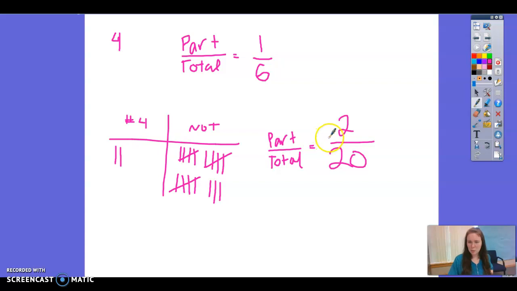Let's go ahead and change these both into percents to find out what percent of the time we thought we should have gotten it compared to what percent of the time we actually got it. I'm just going to use my calculator on my phone. If you have a regular calculator, that's great, or a phone calculator or Google, those work great too. I just do top divided by bottom. So 1 divided by 6 gives me a long decimal, and I'm going to round it to 17%.